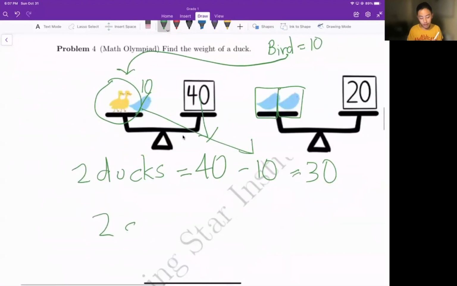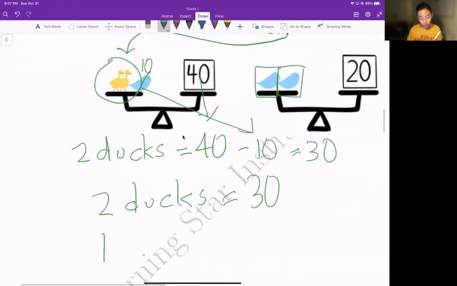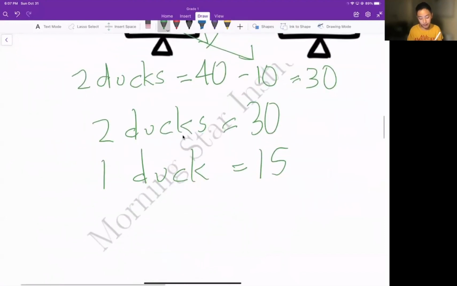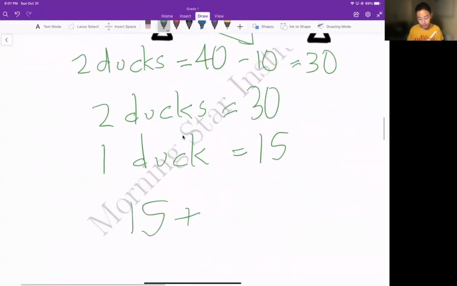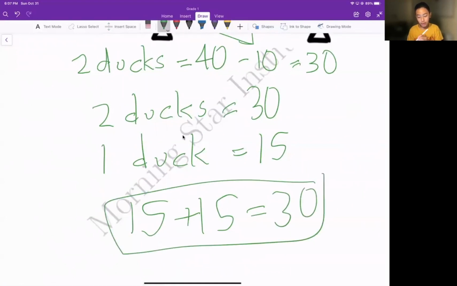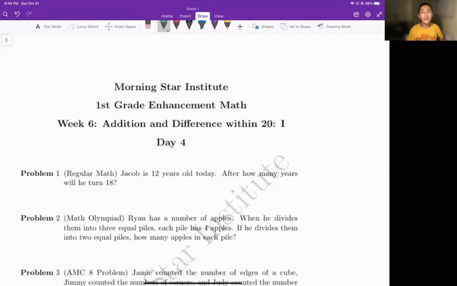So we know that two ducks equal 30. So one duck is 15, because 15 plus 15 is 30. So the final answer is 15. One duck is 15.